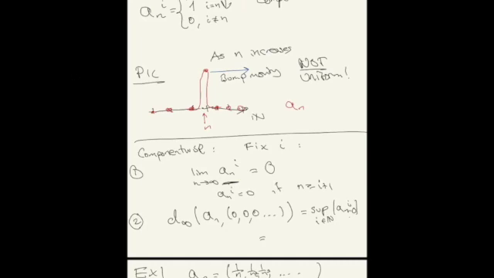The a_n,i are all positive, so this is the supremum over i of a_n,i. The absolute value goes away because it's positive. This is either 1 or 0, so the supremum is 1. So it's not converging to 0.